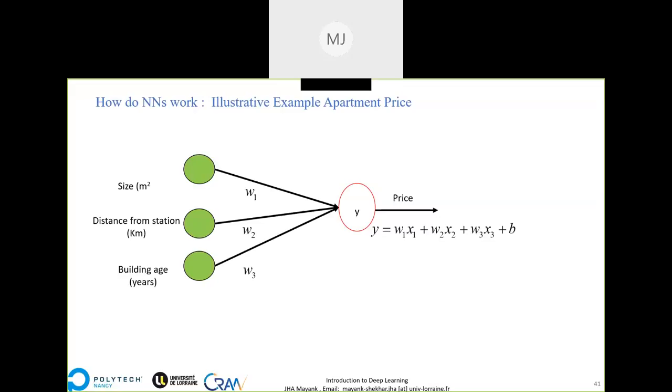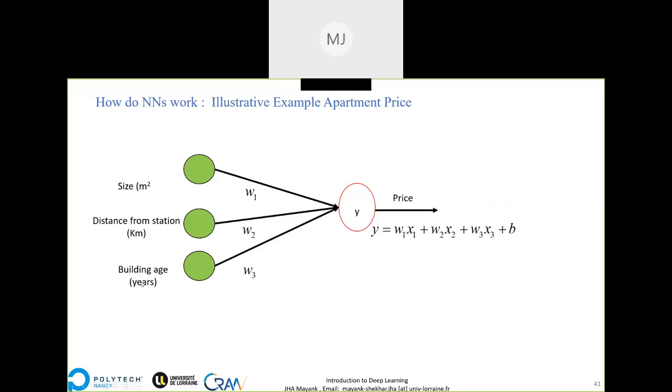Let me take a simple example. So let's say you are searching for an apartment. Of course, you are searching for an apartment based on several factors. Those factors can be, for example, the size of the apartment, the distance from the station if you are going to work and take a train very often.